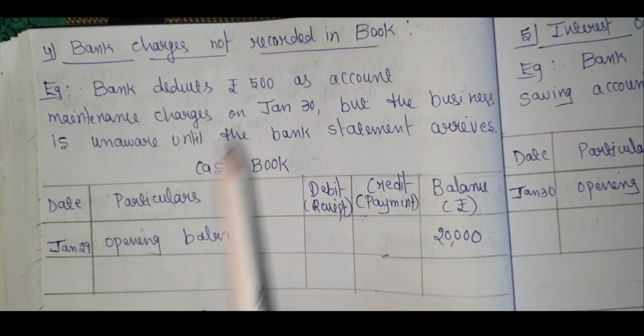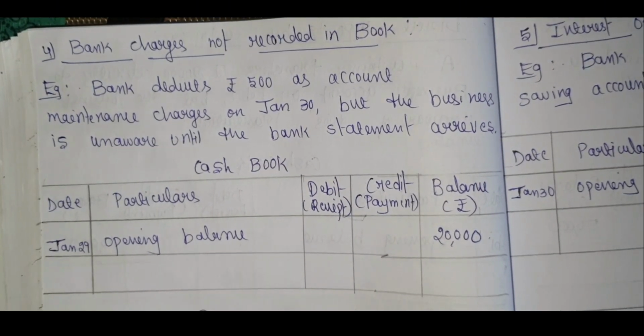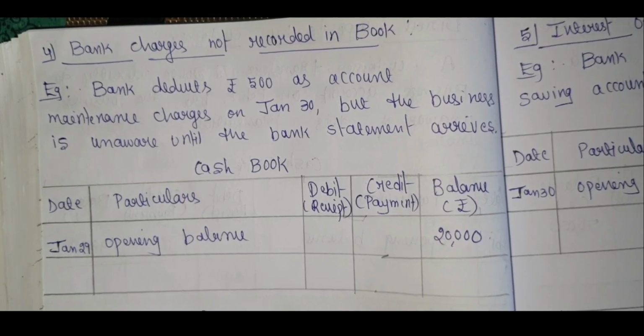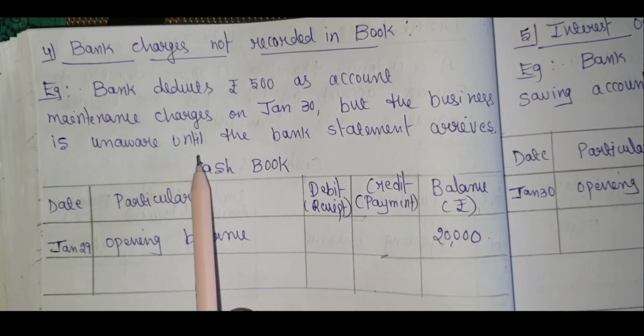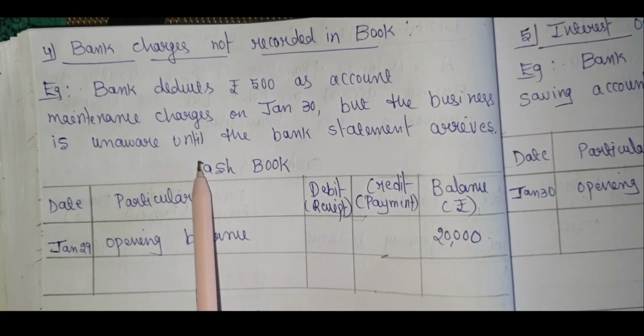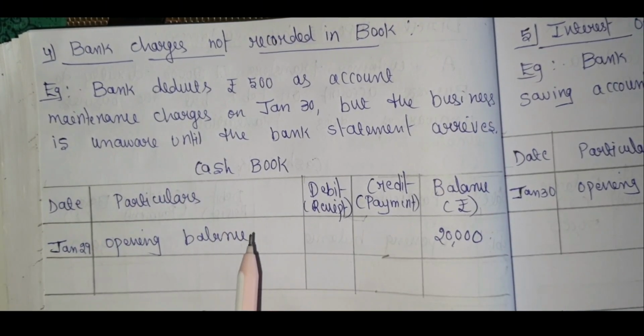They deduct rupees 500. No entry in the cash book. Why? Because the business is unaware about this deduction.